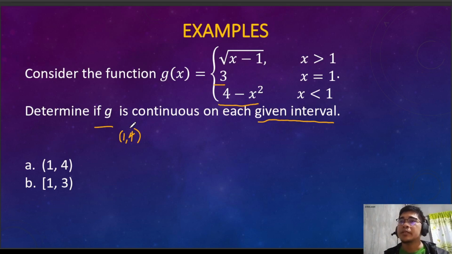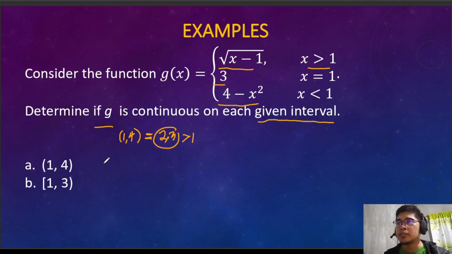Here, we're going to use, is it x greater than 1, x equals 1, or x less than 1? So, ang in-between sa 1 and 4 is unsa man, in-between. So, this in-between 2, in between sa 1 and 4 is 2 and 3. So that is greater than, this one is greater than 1. So kanya to gamiton.